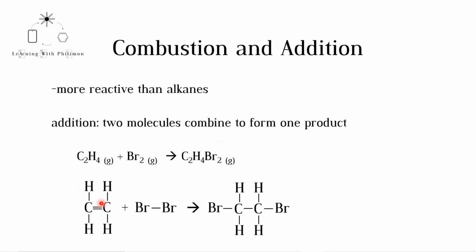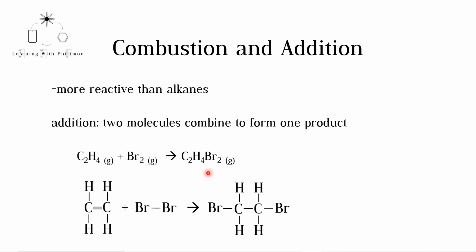Each carbon atom is then able to form a single bond with a bromine atom. For more on how this mechanism works, please watch the IB higher level video, Electrophilic Addition. Adding a halogen to an alkene will always lead to the production of a halogenoalkane, in this case dibromoethane.